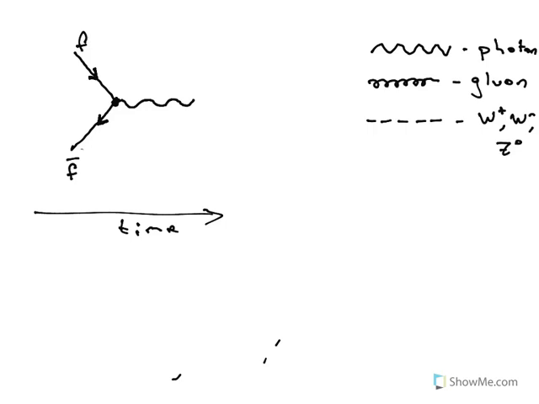Another thing we need to worry about is that we must conserve charge. That's going to help us a lot when we deal with these W's and Z's, when we have weak interactions. Which one of these weak bosons do we use? Do we use the W plus or W minus? How do I know which boson I have to use here?